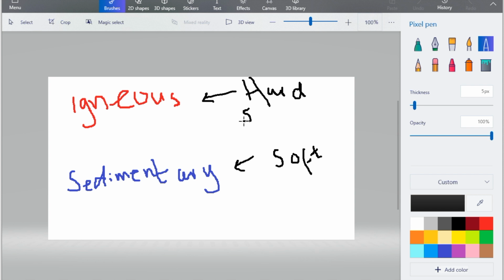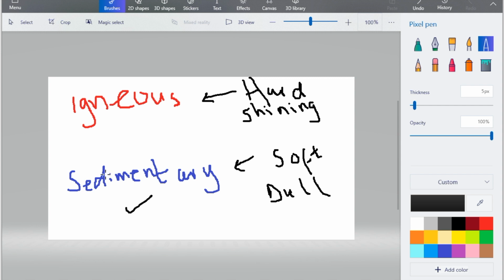Well, igneous rocks are shiny. And this one, they are pretty much dull in their appearance. Which one contains plants and animal remains? Well, that's going to be this one.